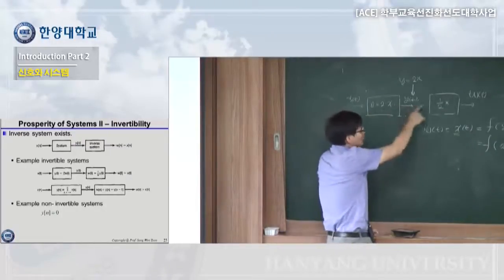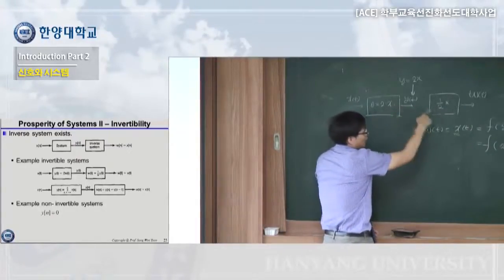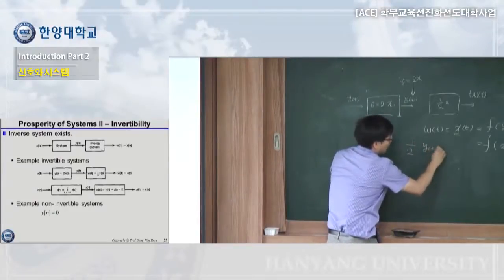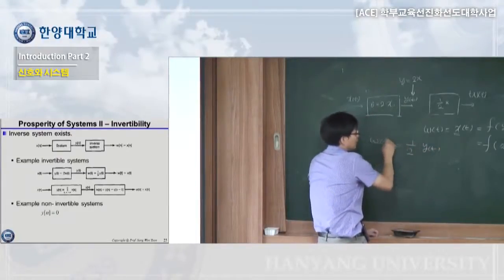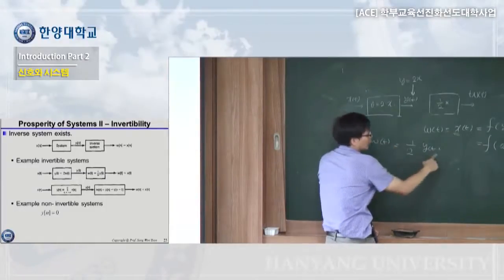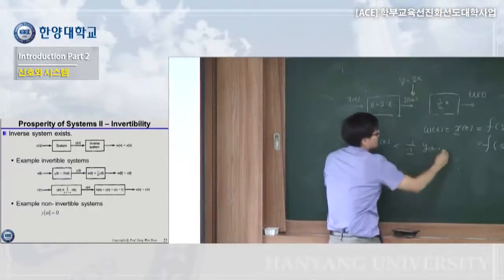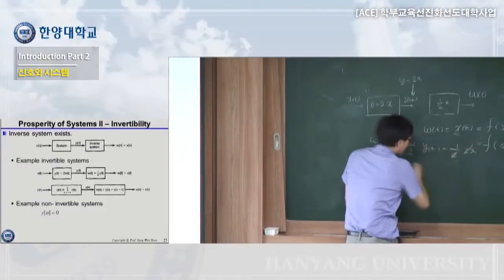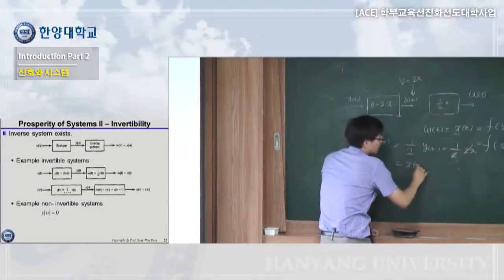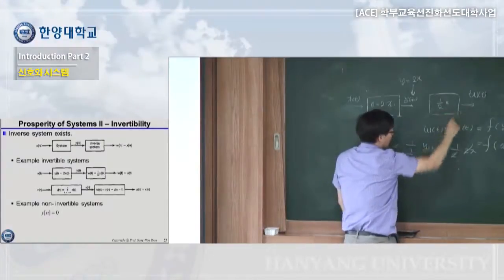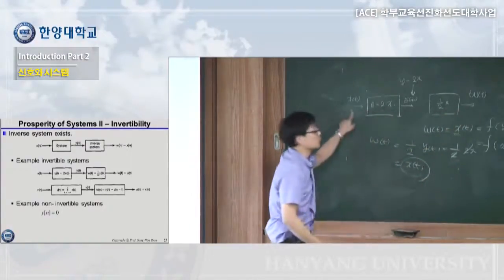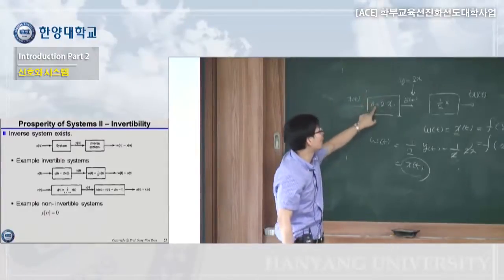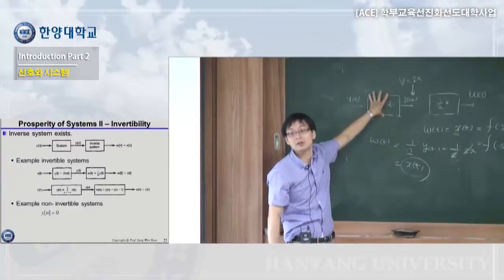So this y, input to the second system, is multiplied by half to be the output of the second system. And we know that this y is 2x. So they cancel out. So the output of the second system will be x, the same as the input to the first system. So we know that this y equals 2x system is invertible.